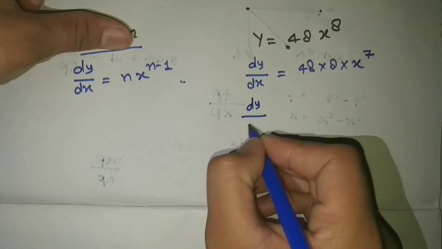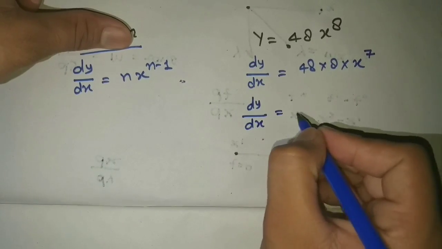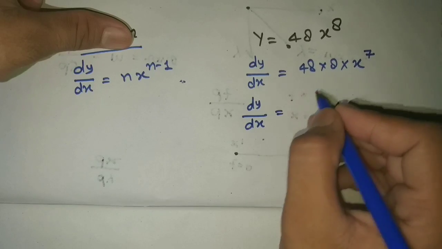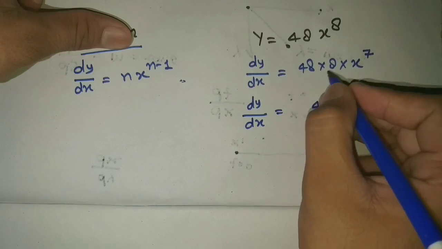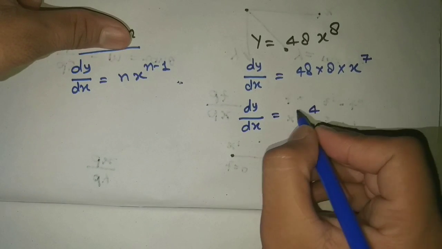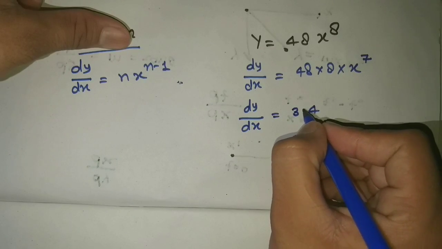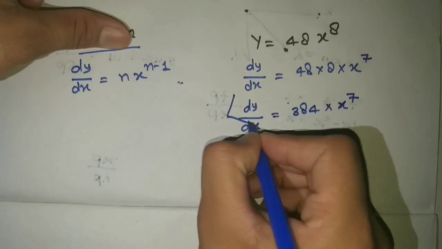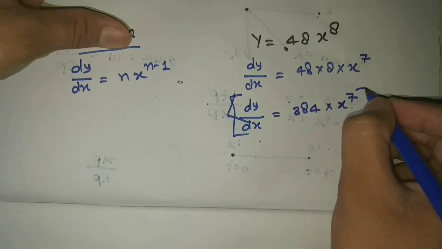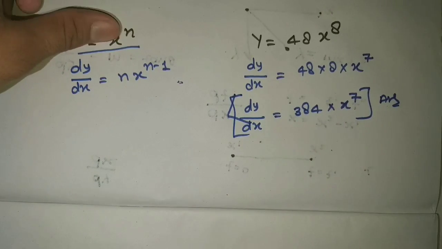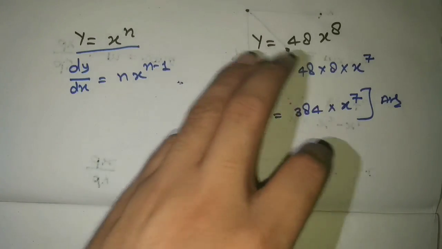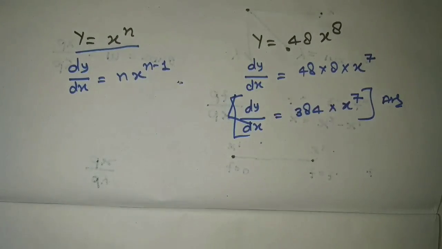So now the differentiation of this 48 into x power 8 will be, if I multiply here, it will be 4 into x power 7. Here is the answer. If I have any equation of this kind, then the differentiation will be n x power n minus 1.